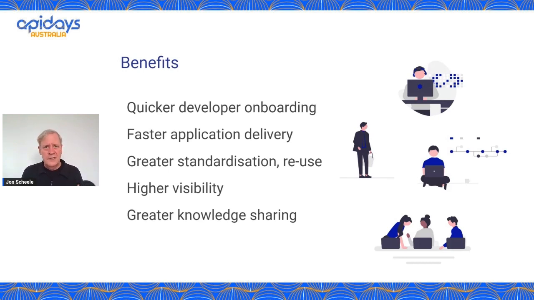How to go about implementing this? Well, you should take a staged approach to that. There are certain foundational things like the software catalog that are a starting point for this journey down the platform engineering path. If your focus is on better, faster developer onboarding, then your focus from here will be on making sure that the documentation is available within the portal.